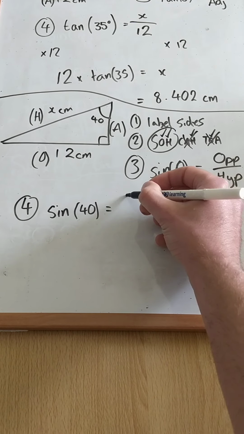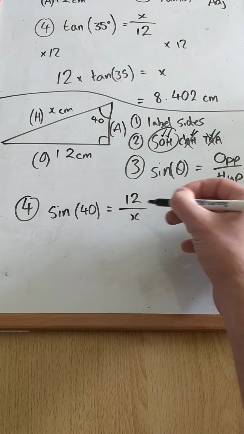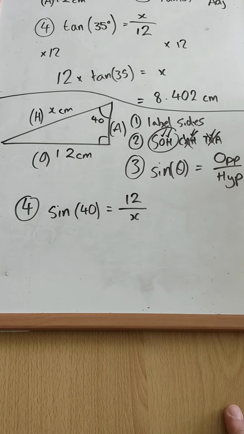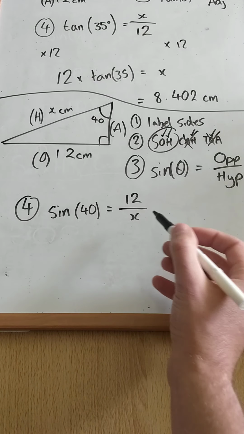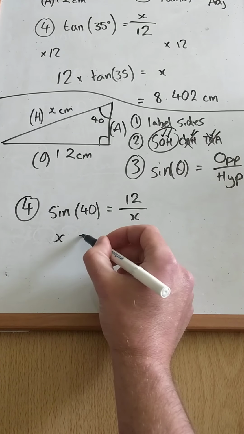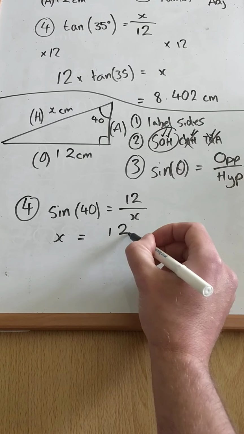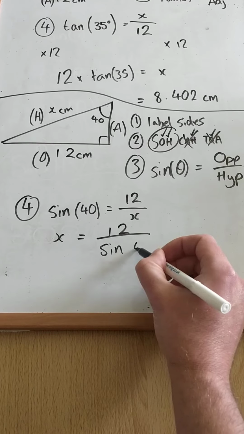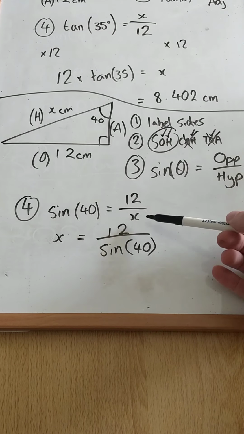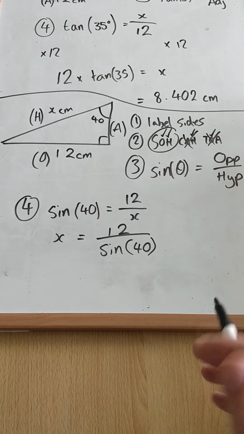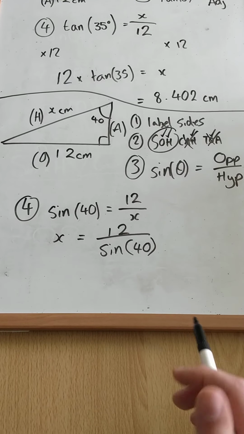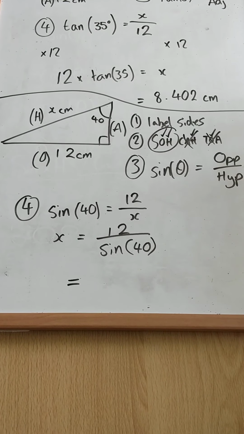My opposite is 12, so I get 12 over x. Now it's a tiny bit trickier, this one. We can't do what we did before and just times both sides by 12. Here you have to do a bit of rearranging, and the way you would rearrange this is x is equal to 12 over sine 40. So when the length you're trying to work out is at the bottom, you have to rearrange it so it's 12 over sine of the angle.